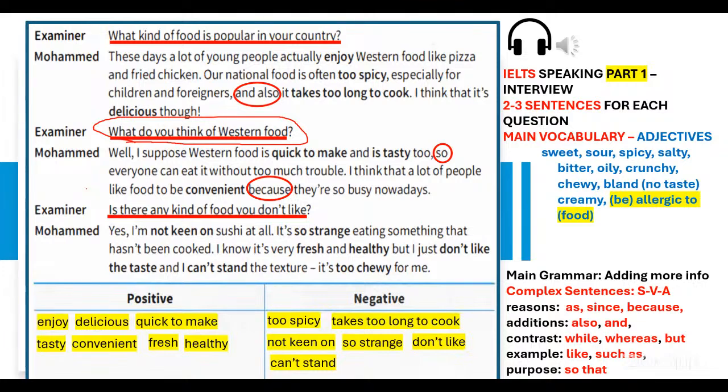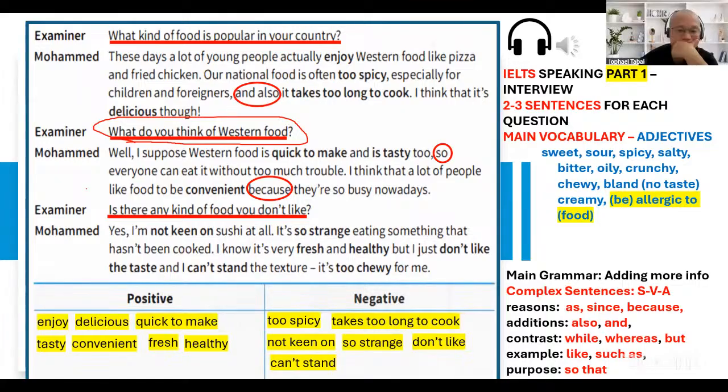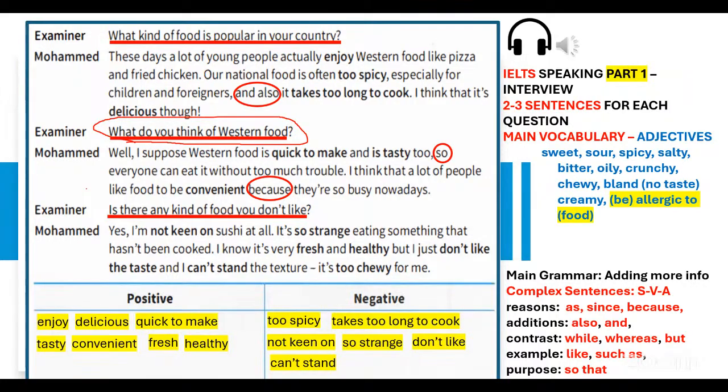However, they can be heavy or oily, so I don't eat them very often. Is there any kind of food you don't like? Yes, I don't really like very bitter food, such as bitter melon soup. Though it's healthy, the taste is too strong for me.